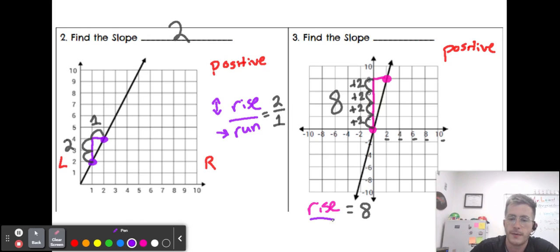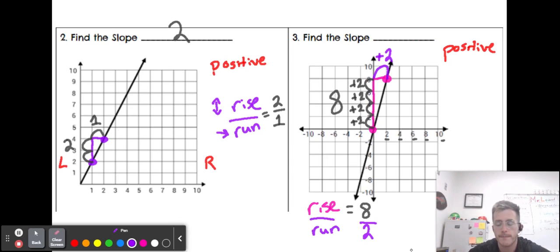And I put it over top of my run. And my run looks like I just went over 2. Remember, each jump was worth 2 on this graph. So put 2 on the bottom. Now I can go ahead and simplify for my final answer, right? 8 divided by 2 would give me an answer of 4. And just double checking that my answer, yes, it's positive. So +4 would be my slope on that graph.